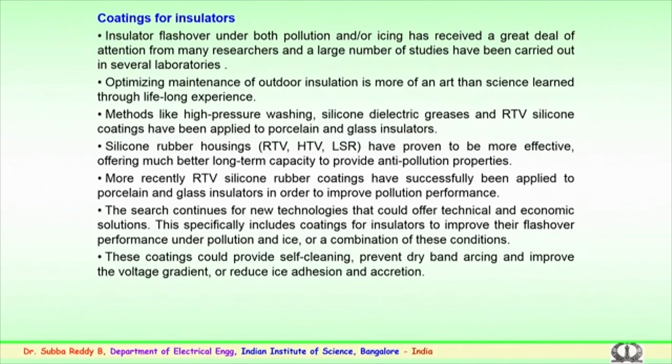These coatings could provide better self cleaning properties, prevent dry band arcing or scintillation activity, improve the voltage gradient, or reduce ice adhesion and accumulation on the surface of the insulators.